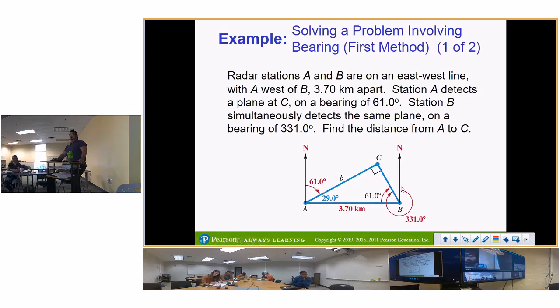If this is 29 and that's 29, then this 61 is this 61. And now you're ready to figure your angles. Do you see how the question dictates what to do here? You don't have to do anything but read the question. And of course, now you do all your sine and cosine and fill in all the blanks.